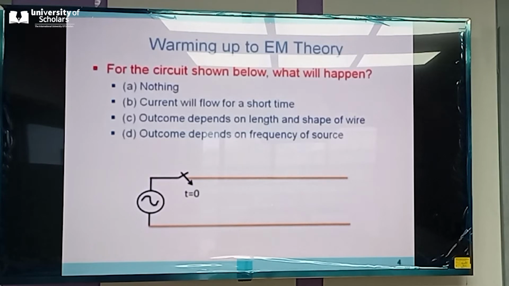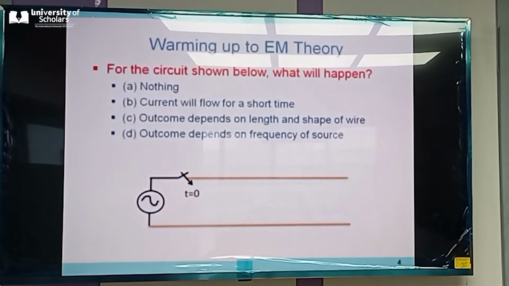To do that, let us first look at this particular circuit here. We have a signal source. This signal source could be a battery or any kind of source. Then there is a long pair of wires connected to the source, shown in orange color in the presentation slide.